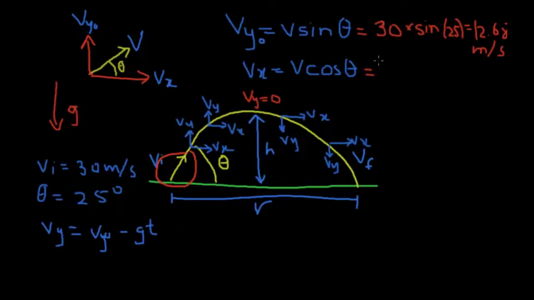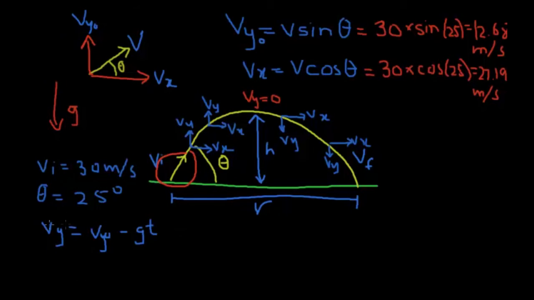For the second one, the initial velocity again is 30. This is the horizontal component, this is the vertical component, times cos 25 degrees, which gives us 27.19 meters per second again.